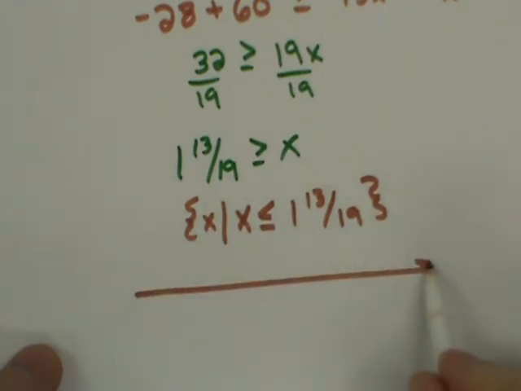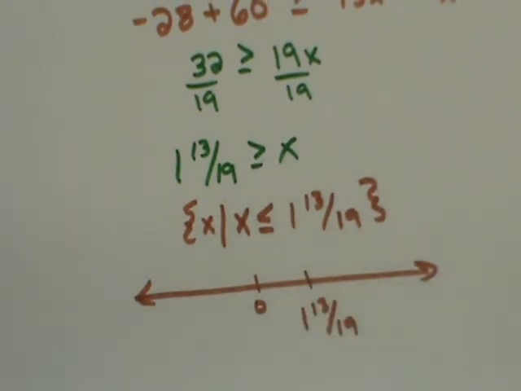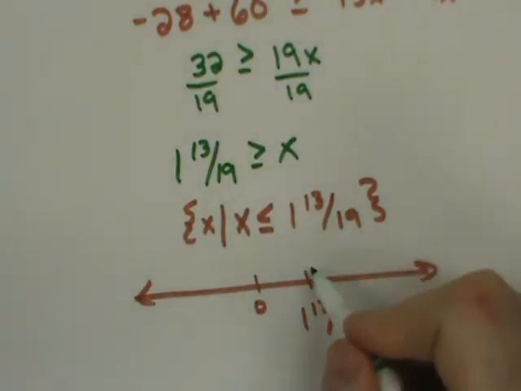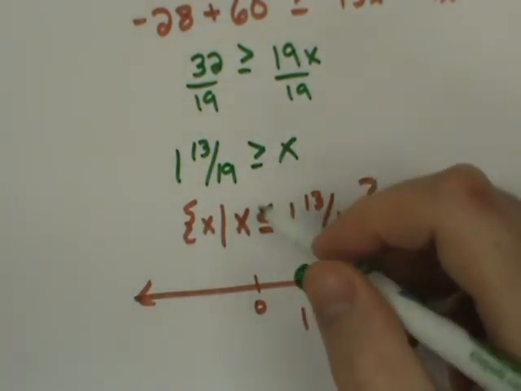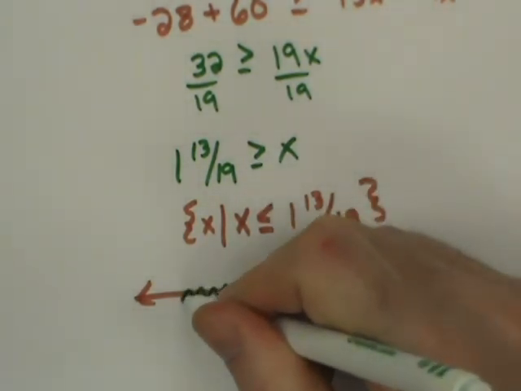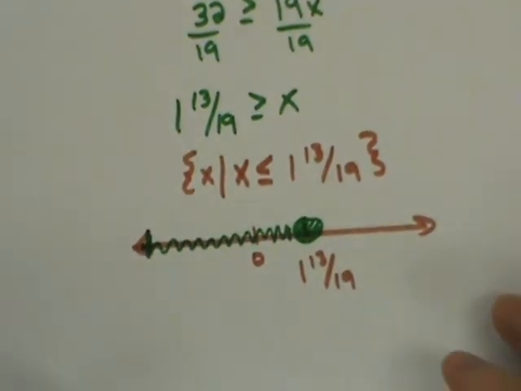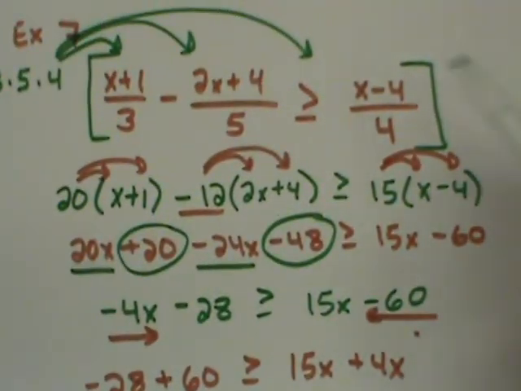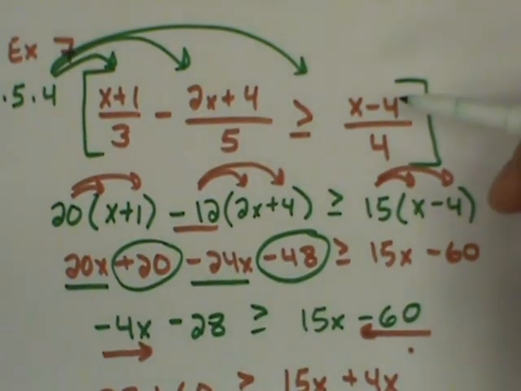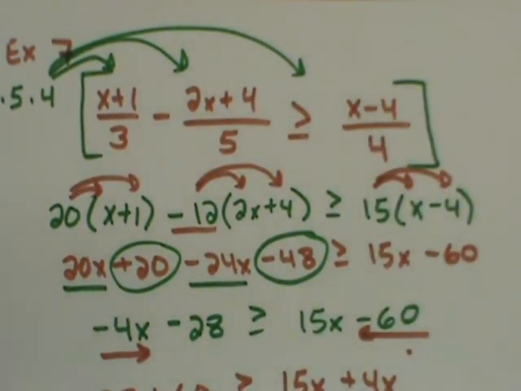Remember our number line, put a 0 on there, locate 1 and 13/19. Decide that that would be a closed circle, and that would shade off to the left, representing that there's more than one answer. There's an infinite number of values that will make the original inequality work, the original statement true.